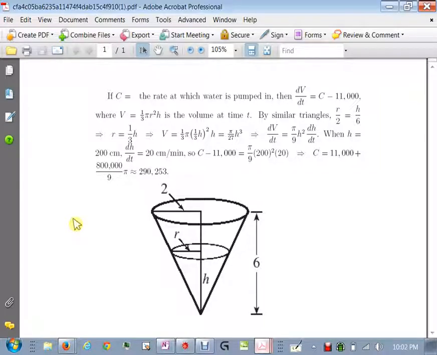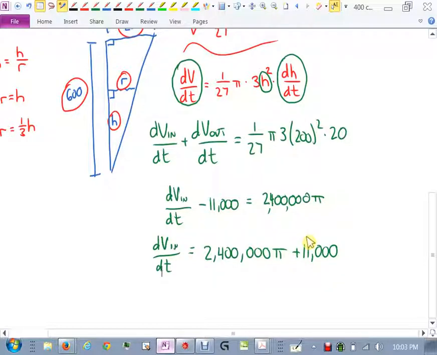How did I get such a huge number? Let me go back and look at that. Oh, no, I just wrote it down wrong. It's right there in my calculator. I don't know what's going on with me tonight.